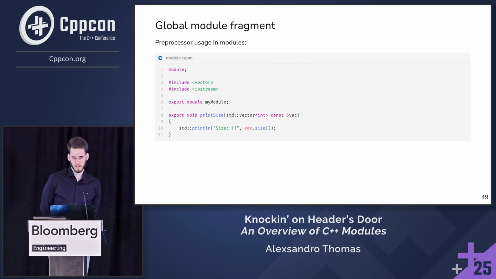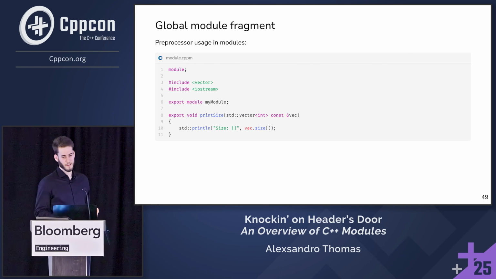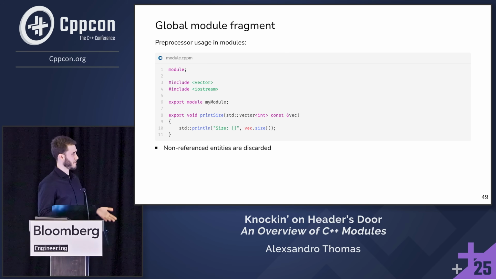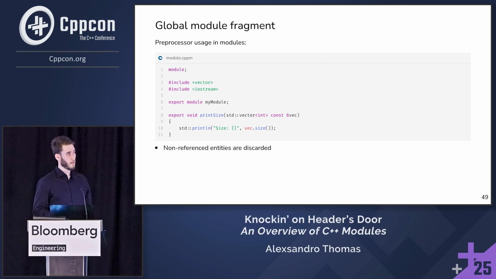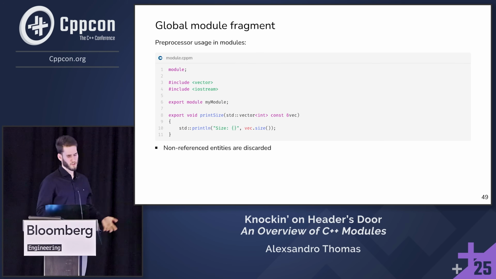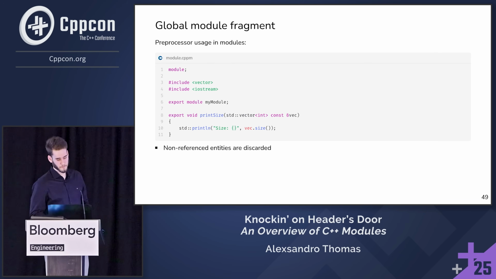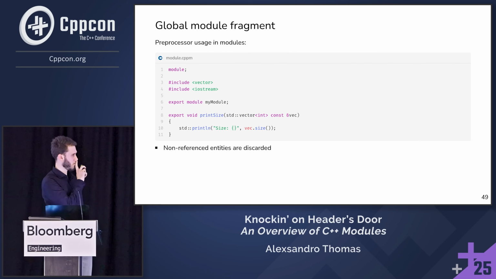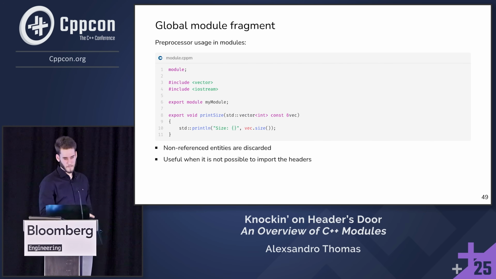They are especially useful when the headers are not able to be made into a module because of macros. And it's also important to know that non-referenced entities are discarded.